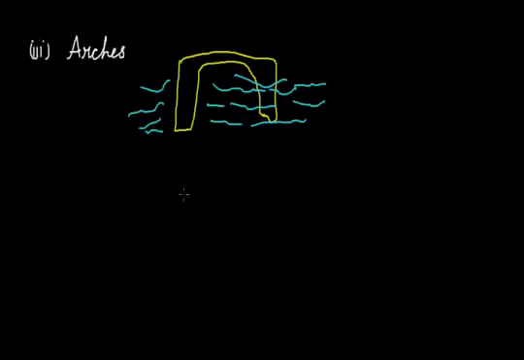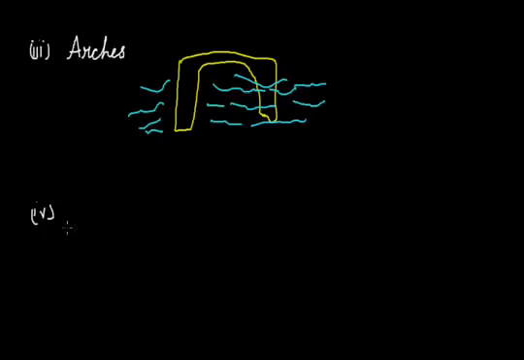Then again, the erosional work does not stop here. The erosion, as we have told you earlier, is continuous and moving because the waves have a lot of strength. So the erosional work again hits the arches, and it tends to break the roof of the arch, leading to the formation of two pole-like structures.